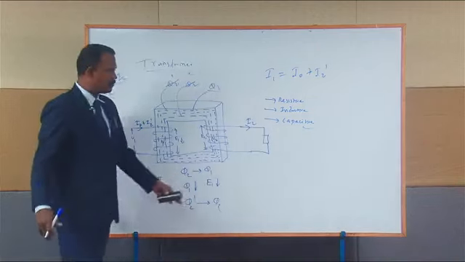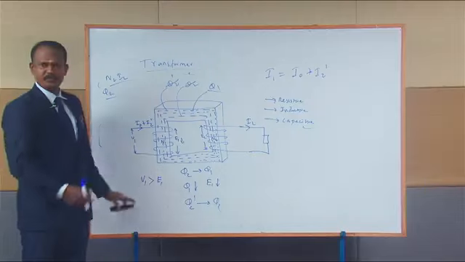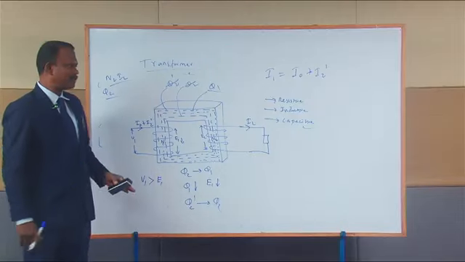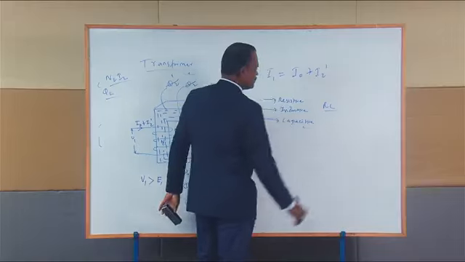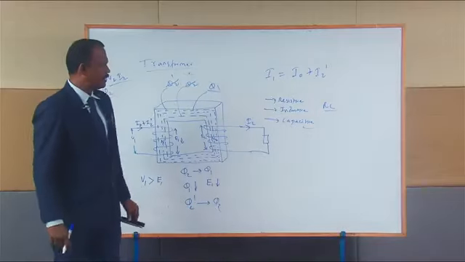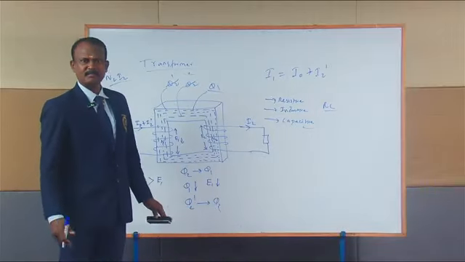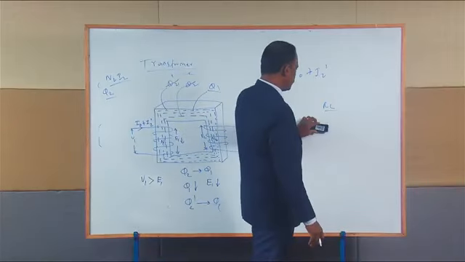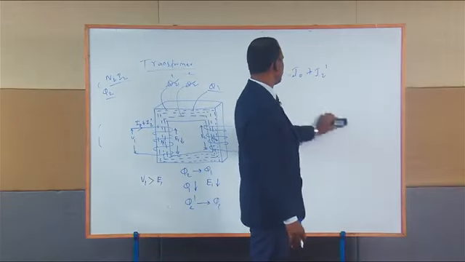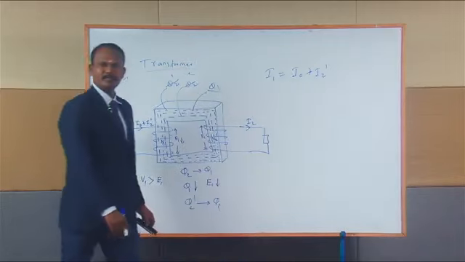All loads are a combination of resistive, inductive or capacitive loads, but most of the loads belong to RL, resistive and inductive, and capacitive loads are very limited. So the magnitude of I2 dash purely depends upon the type of load.